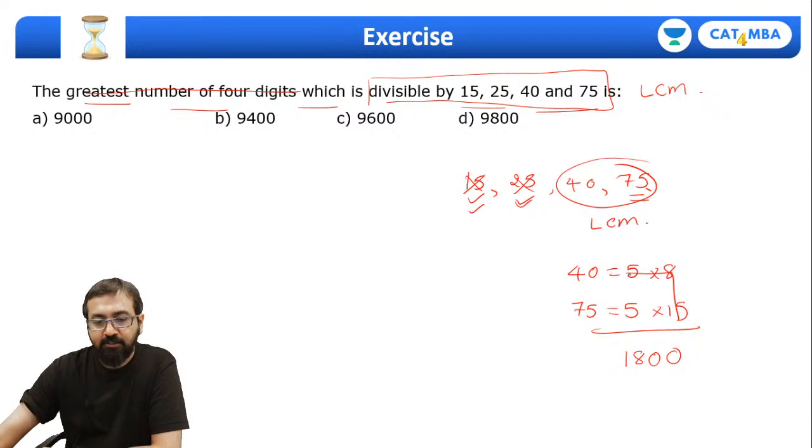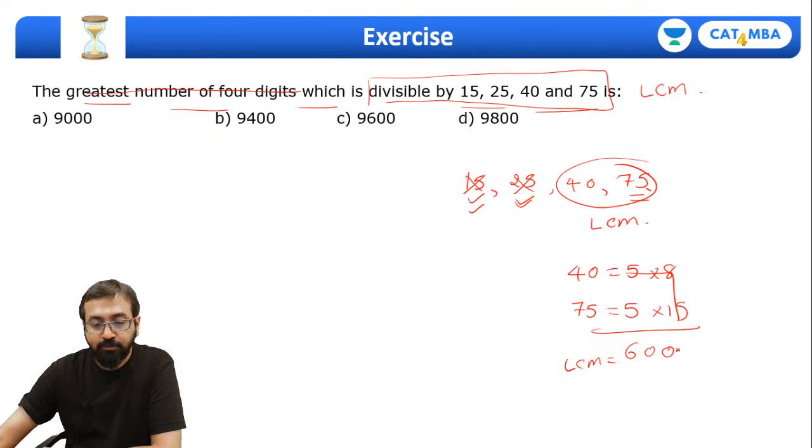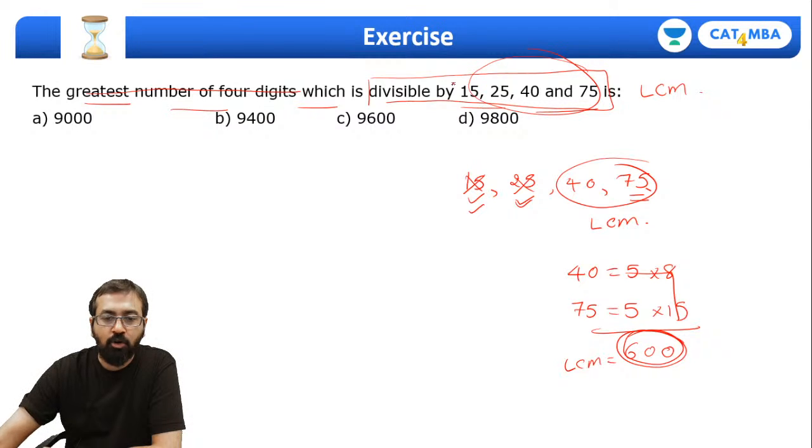Everyone? 8 5s are 40. No, not 1800. Sorry, this will come out to be 600. LCM is equal to 600. So now we need to find the greatest 4-digit number which is a multiple of this 600. So that number will also be a multiple of all these numbers. So it is 9600. Correct?